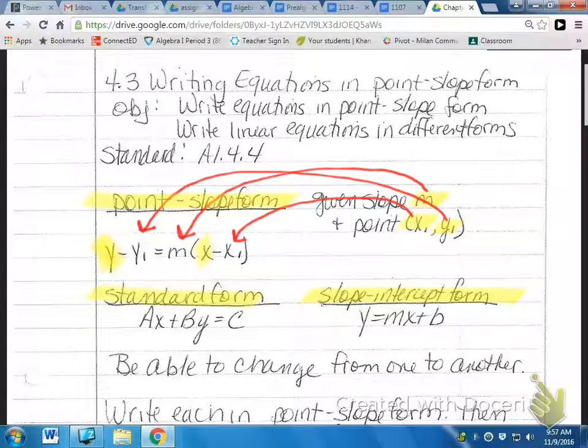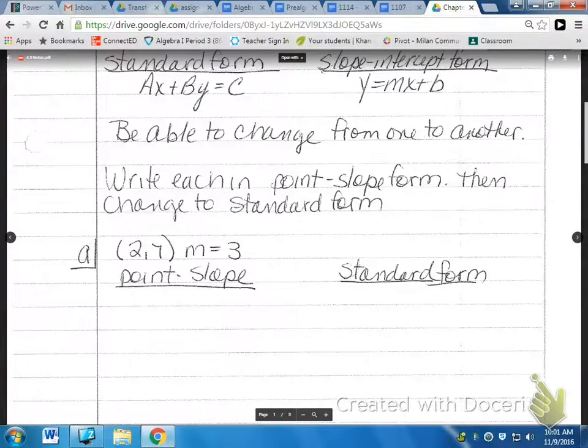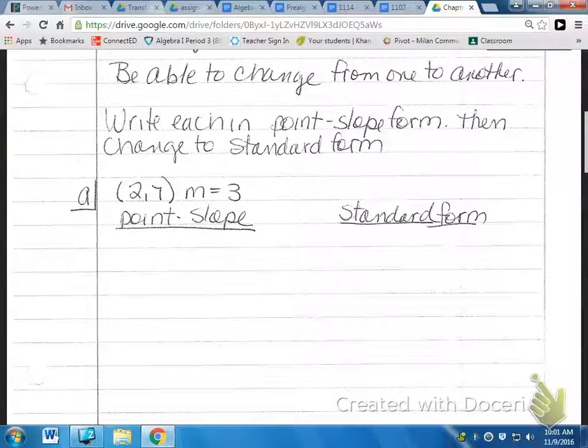All right, so let's look at these. We're given: write each in point-slope form and then change to standard form. What I'm going to do here at the beginning is write the formula down. I am a firm believer that repetition helps you remember stuff.